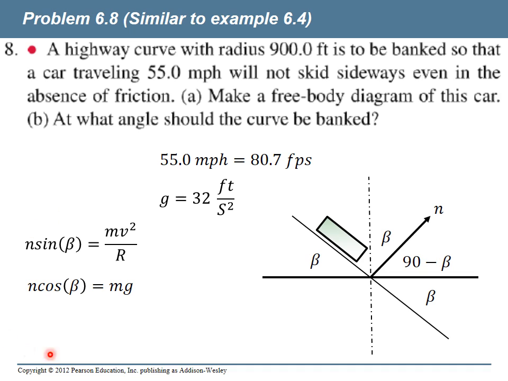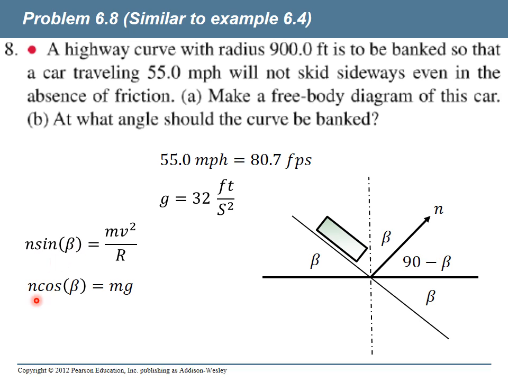So we can actually combine these together. We could use this solution every single time that we go through and solve a problem like this, or we can combine them together. If I take this first equation, and divide it by this equation, then N sine beta divided by N cosine beta leaves us with tangent beta, and mv squared over r divided by mg leaves us with just v squared over rg. I don't have the work up here. I might try to write this out and put it up later, but if not, we'll do this one in class.